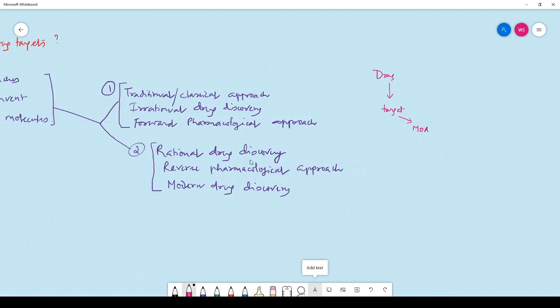In rational drug discovery, which is also called target-based drug discovery, here the target is required to invent a new drug.